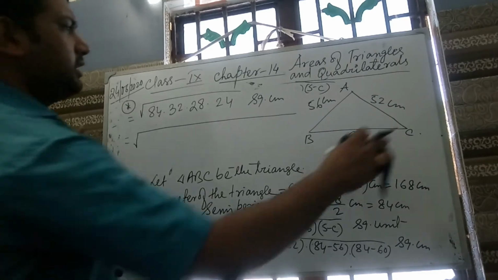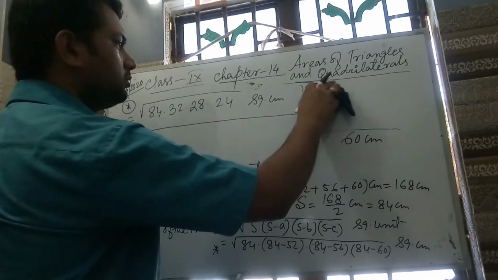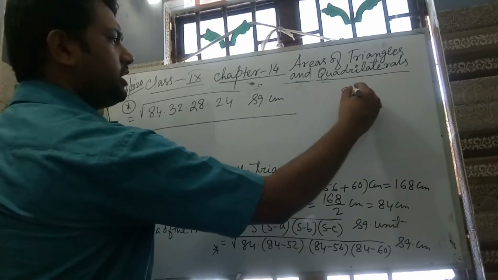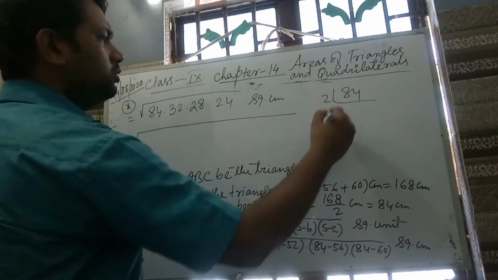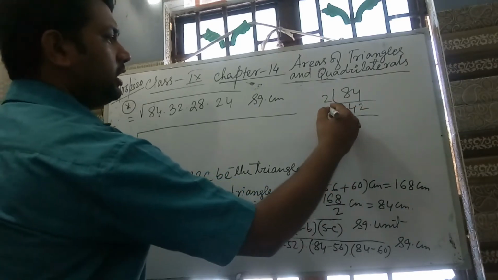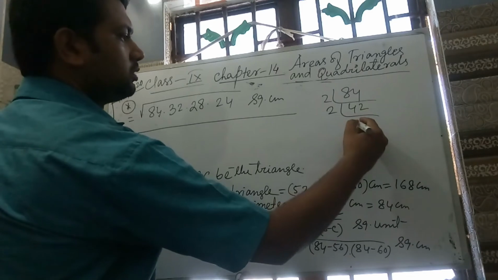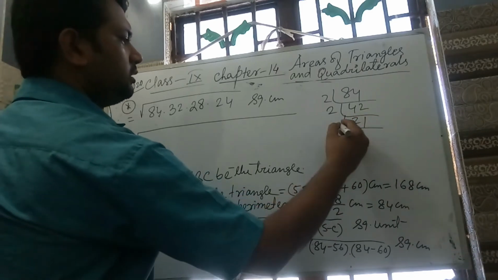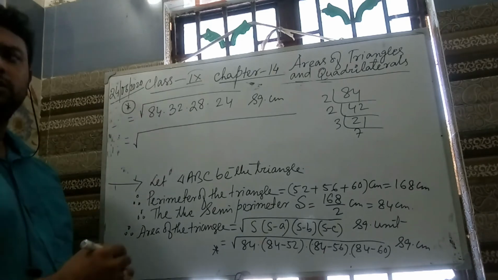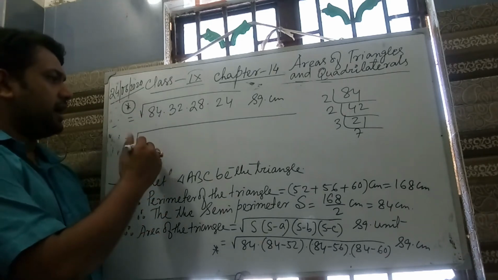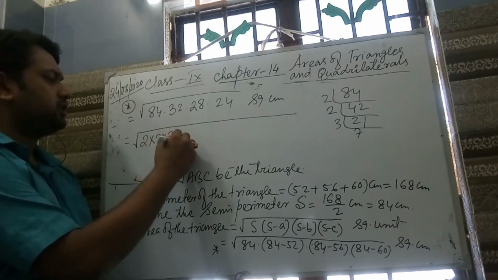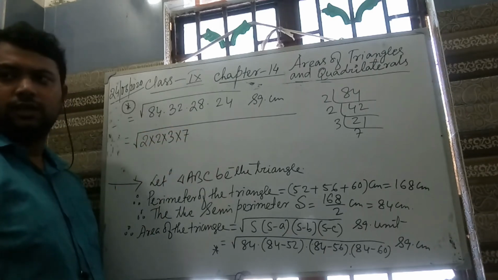If you factorize 84, what do you get? 84, 2, 42, 2, 21, 3, 7. So instead of writing 84, you can write 2 into 2 into 3 into 7.